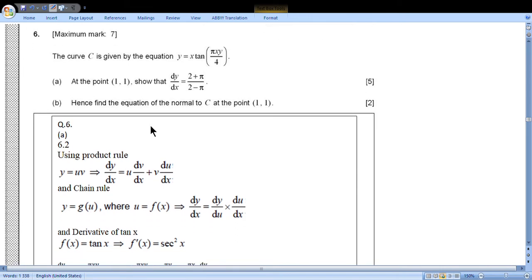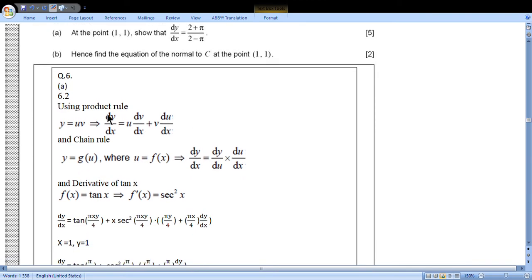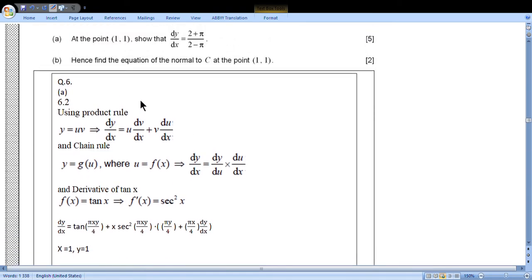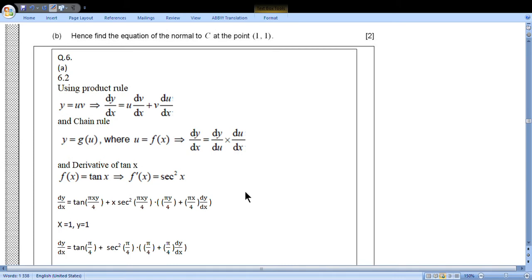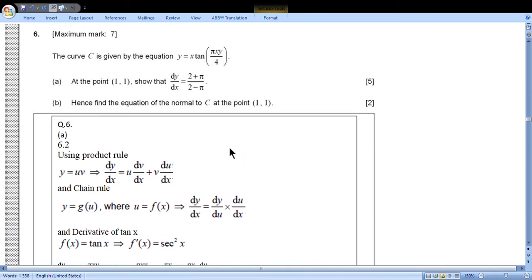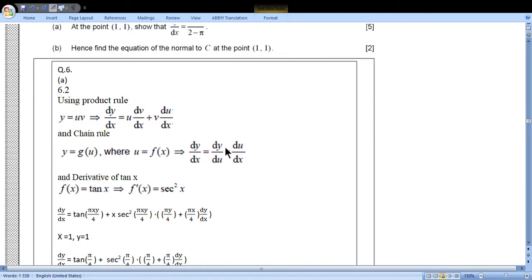Question 6. The curve C is given by the equation, at point (1, 1) show that dy by dx equals (2 + π) over (2 − π). So we use the product rule, chain rule, and the derivative of tan for this function, and we get the following.